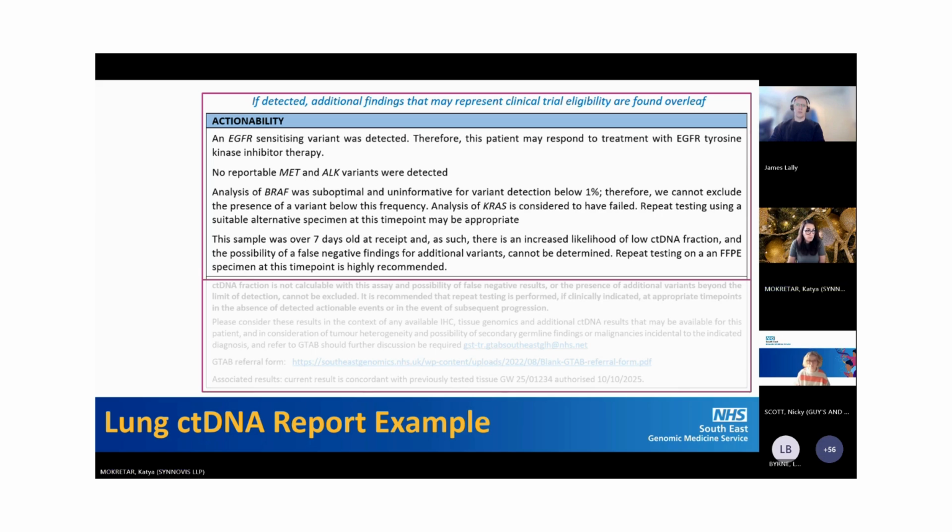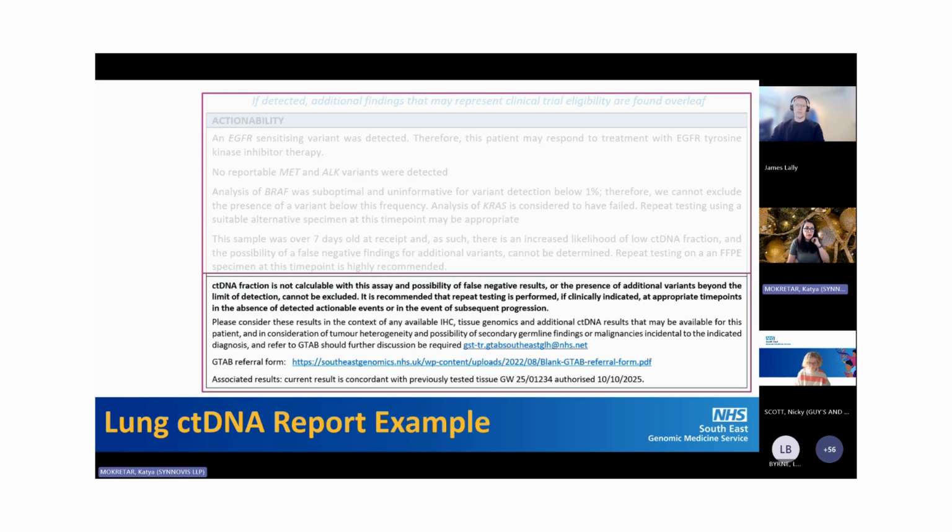The second part of this section provides an important reminder that the assay might have a false negative result, again going back to the ctDNA fraction, and it gives you a link to GTAP referral in case this is needed for this particular sample or patient.